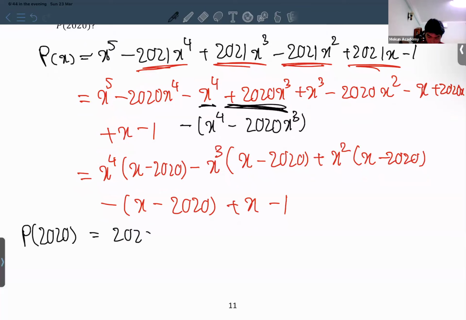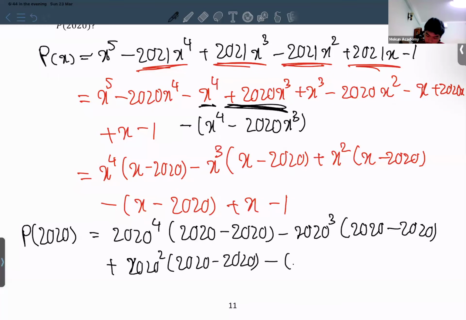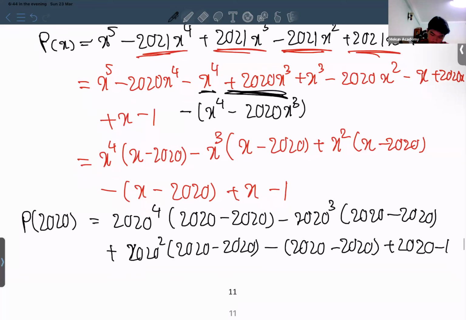So you get 2020 to the power of 4, factor of 2020 minus 2020, minus 2020 cubed, factor of 2020 minus 2020, plus 2020 squared, factor of 2020 minus 2020, minus 2020 minus 2020, plus 2020 minus 1.